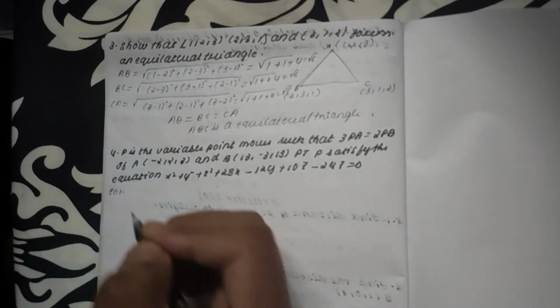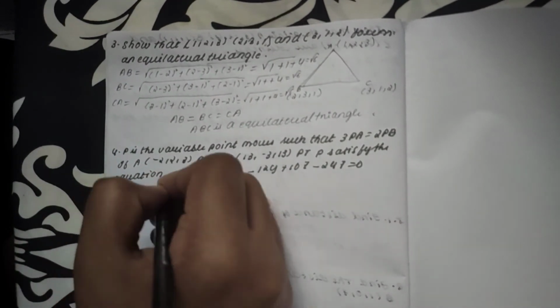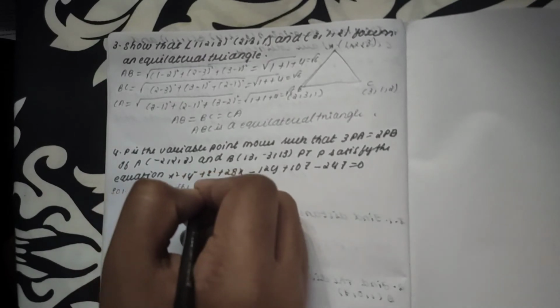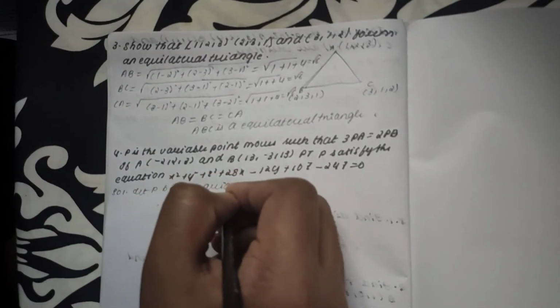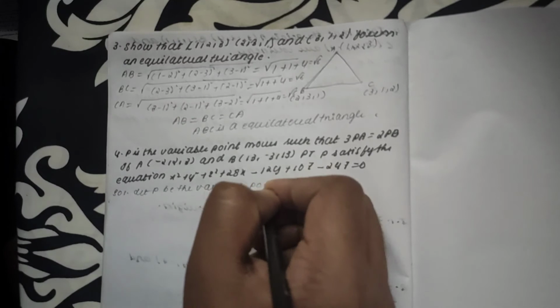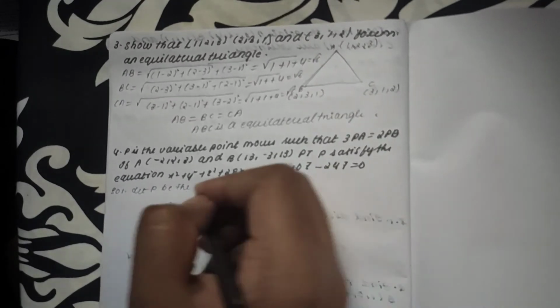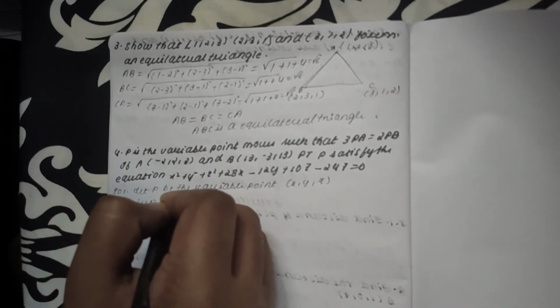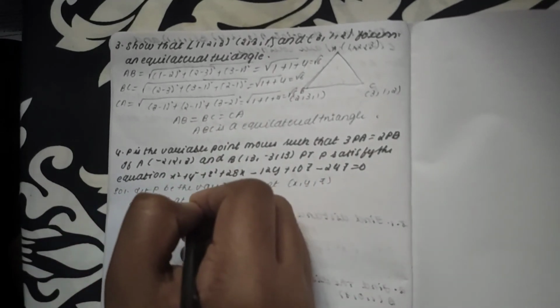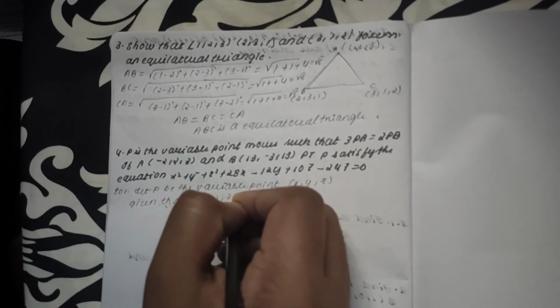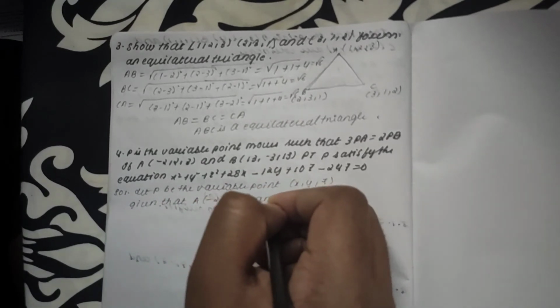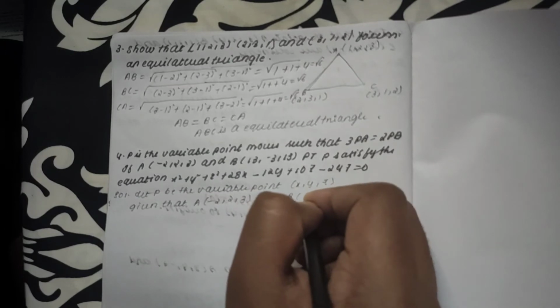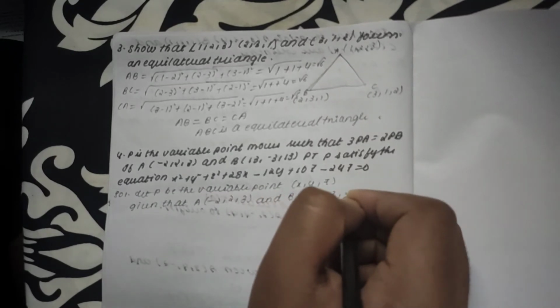Solution. Let P be the variable point (x, y, z). Given that A is (minus 2, 2, 3) and B is (13, minus 3, 13).